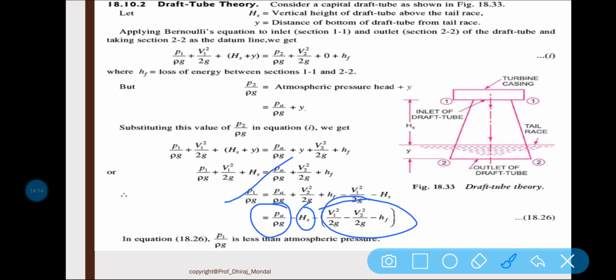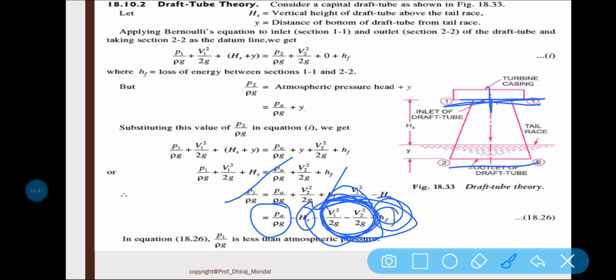Now you see V1 and V2. This is your V1 square by 2g minus V2 square by 2g. Hf is having some positive value, Hs is having some positive value. That is clear? This part will be positive because it is your change of head.